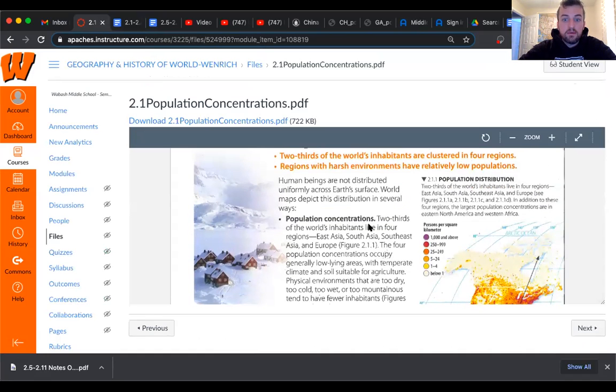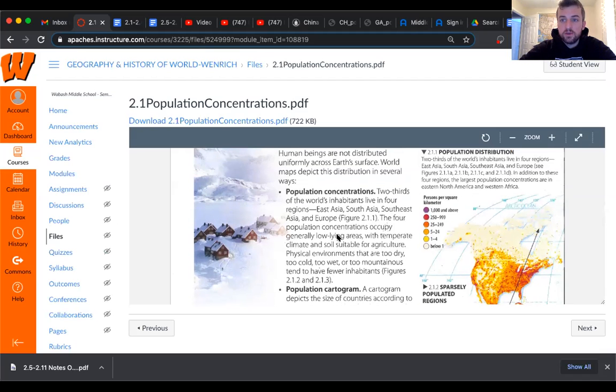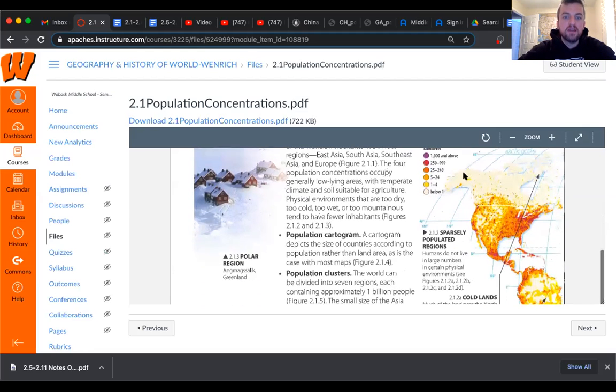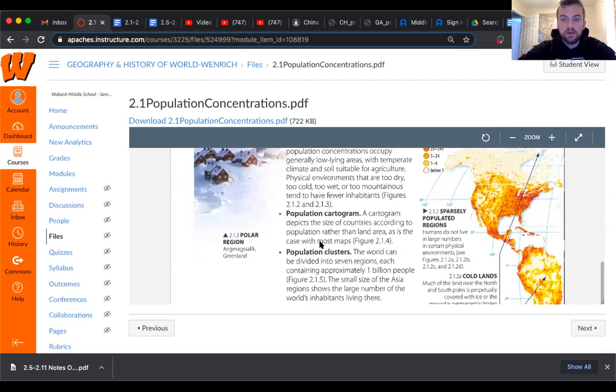2/3 of the world's inhabitants live in 4 regions. I mean, right off the bat, it tells you answers to that. Population concentrations are pretty much just where people are concentrated. Population distribution is where people are scattered throughout the world. You've already defined a population cartogram, so don't worry about it.